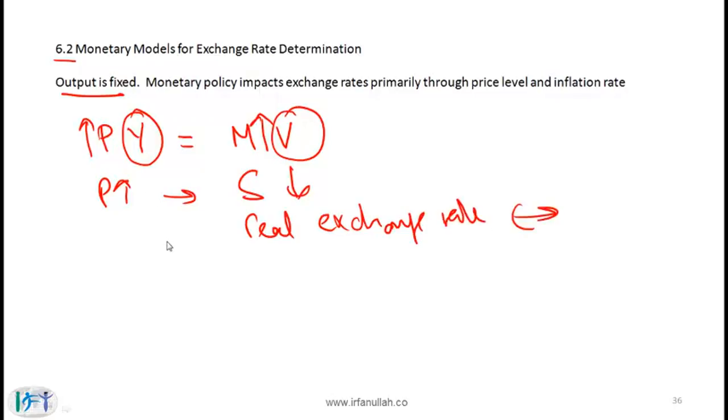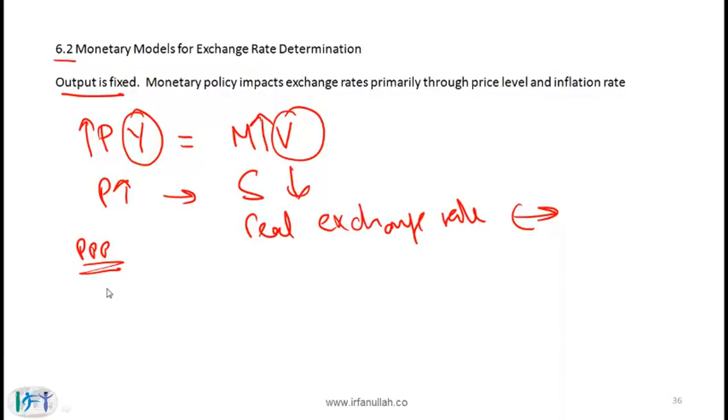This model simplistically assumes that purchasing power parity holds, and as we have studied earlier, purchasing power parity does not necessarily hold in the short run or the medium run. So we'll now look at a slightly more sophisticated model, which is called the Dornbusch overshooting model. According to this model, price levels are inflexible in the short run.